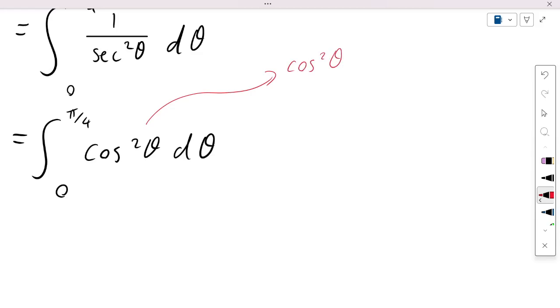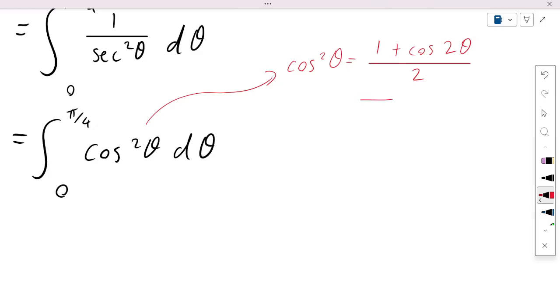So it actually looks like this. Cosine square theta is equal to 1 plus cosine of the double angle, cosine 2 theta, divided by 2.